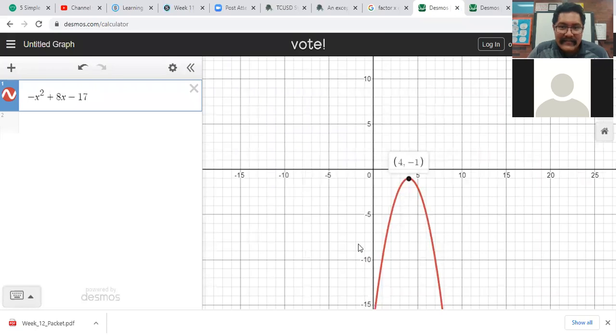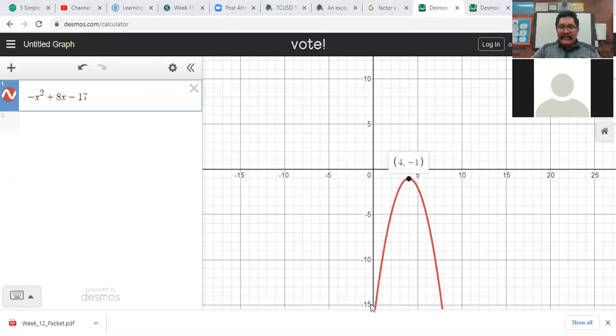So we can see the axis of symmetry, and the vertex is at 4, and it starts at -1, but it also opens downwards. Since it opens downwards, it does not cross the x-axis.